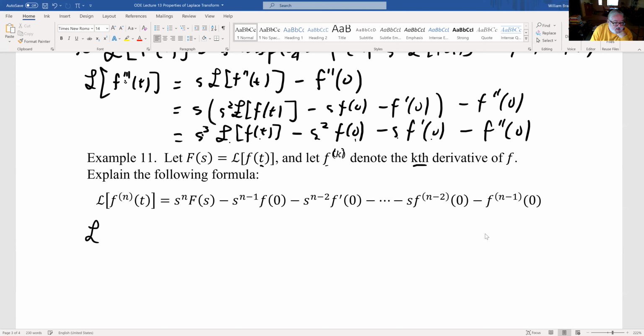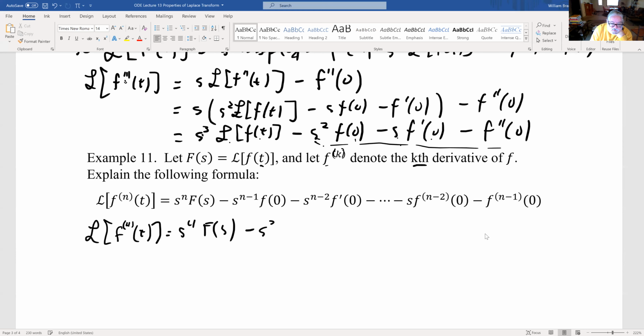So if we continue the pattern, the Laplace transform of the fourth derivative of t should be s to the 4 times the Laplace transform of f minus, and then we just multiply each of these terms here by s: s cubed f of 0 minus s squared f prime at 0 minus s f double prime of 0 minus the third derivative at 0.